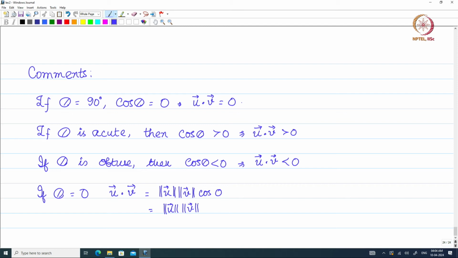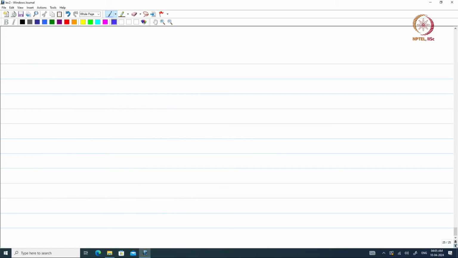If this happens, then the vectors are in the same direction. So now, where are we heading? Having identified the angle between the two vectors, we are getting into the idea of orthogonal projections.